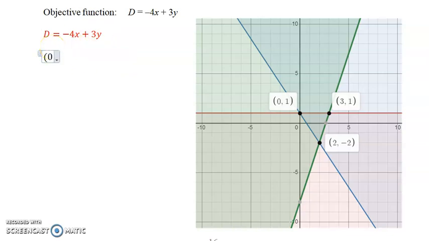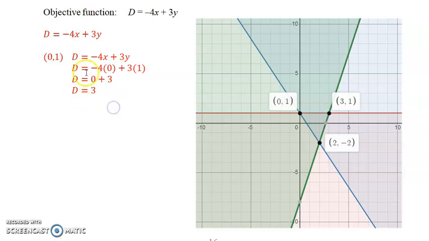The first one we'll check is (0, 1). Plug them in. So put 0 in for x, 1 in for y. So that's equal to 0 plus 3. That's equal to 3.